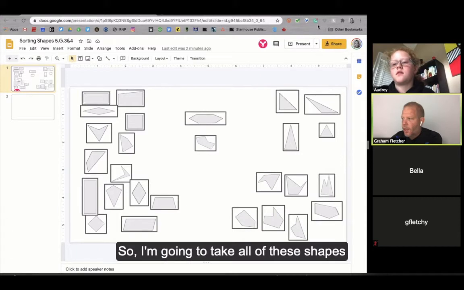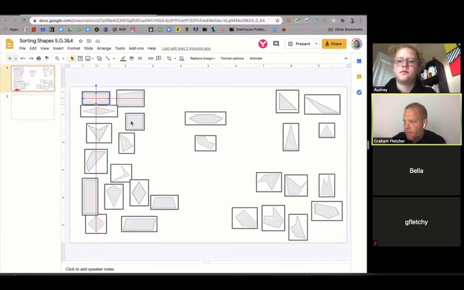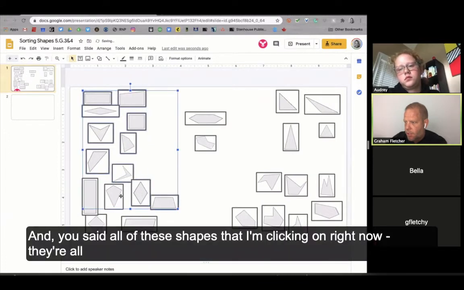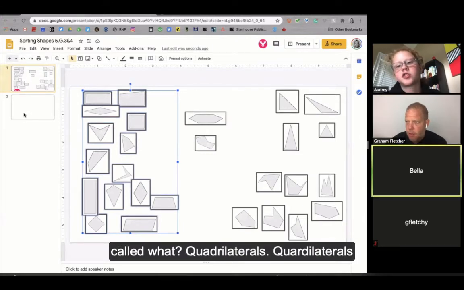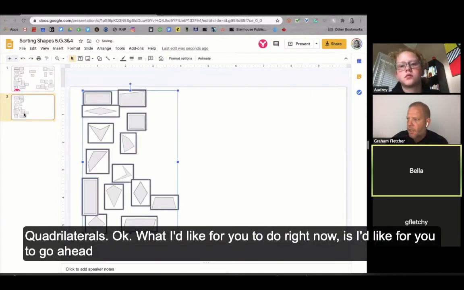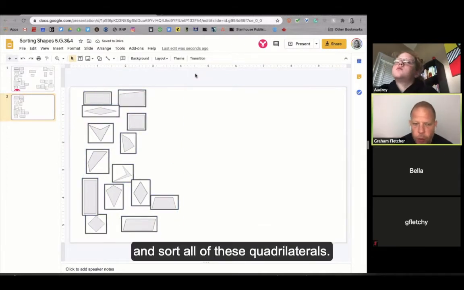All right, so I'm going to take all of these shapes right now. So just hang on one sec. And you said all of these shapes that I'm clicking on right now, they're all called what? Quadrilaterals. Okay, what I'd like for you to do right now is I want for you to go ahead and sort all these quadrilaterals.